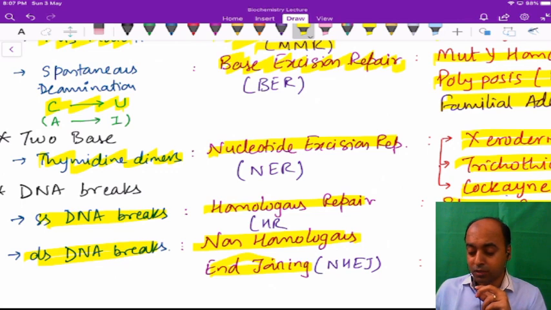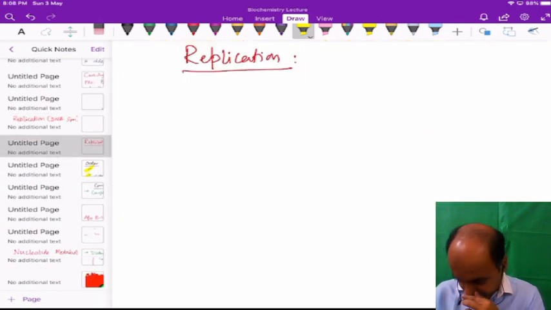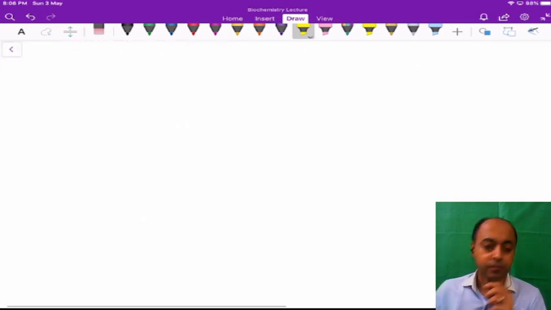Alright, so that is about DNA damage and DNA repair mechanisms. Now I'll quickly move on to transcription. We have completed DNA replication, DNA damage, and DNA repair.